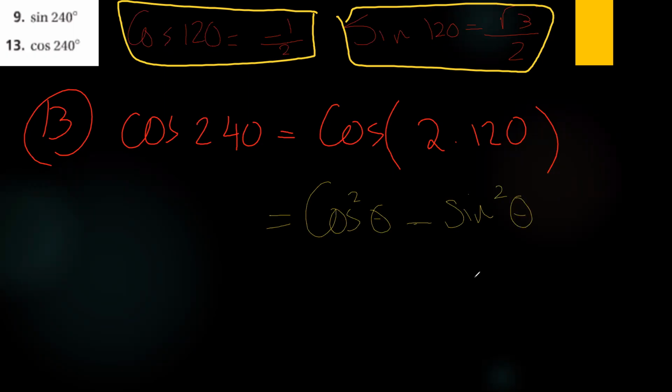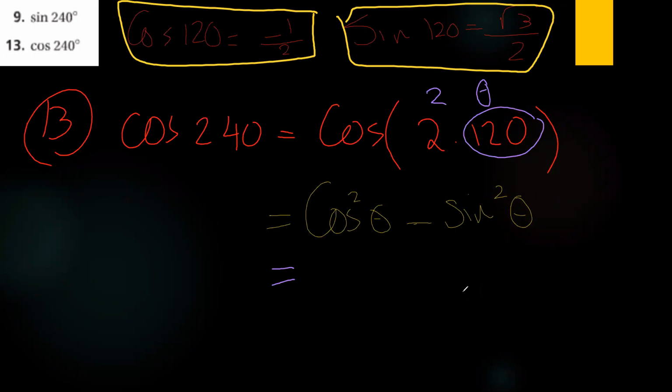Then what is the cosine of 120? Here you have to substitute cosine of 120. This is my theta, and this is 2.